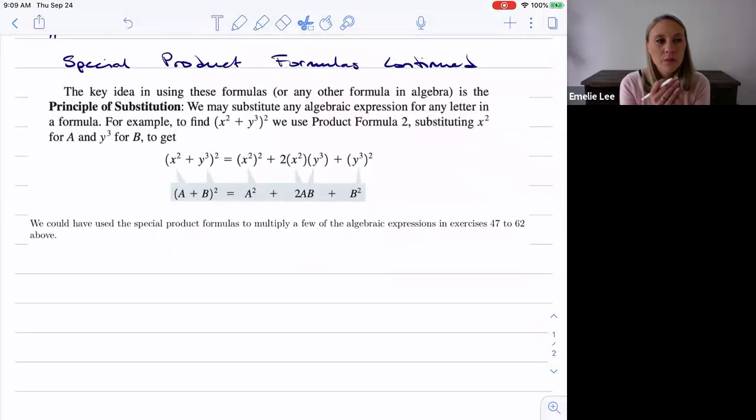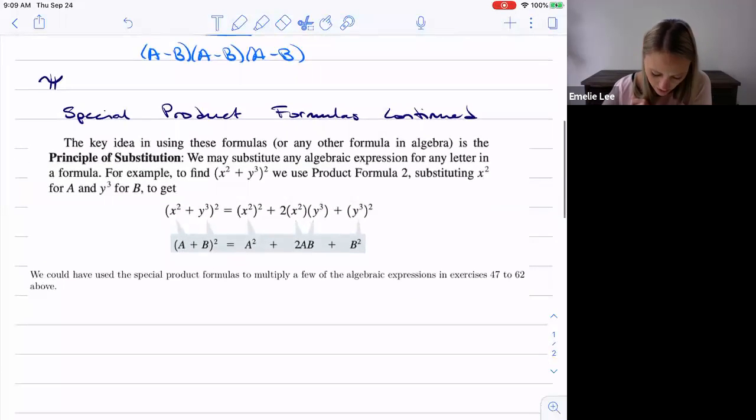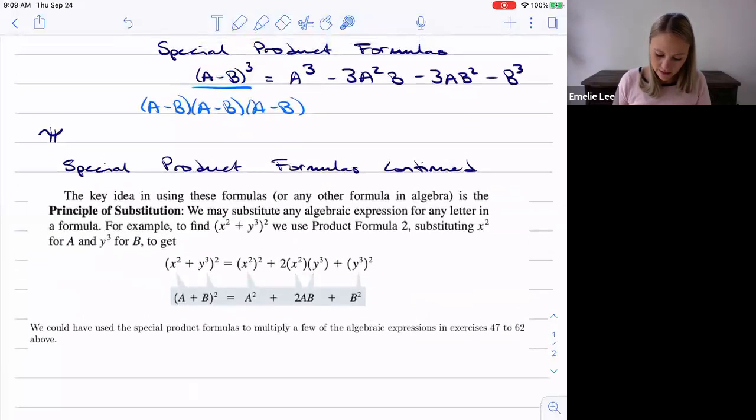So the reason we have these special product formulas, and hopefully you have them from last day, or I can go grab them too. But one thing, like I said, is being able to recognize a pattern like this.